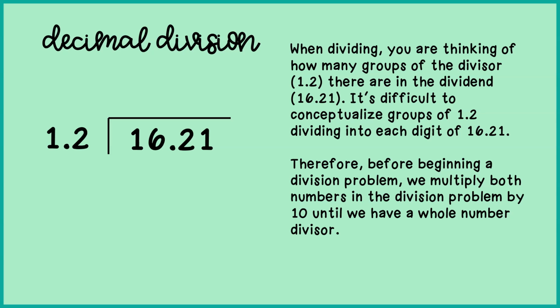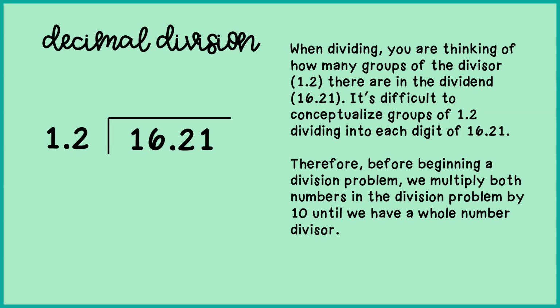Now I do have 2 decimal numbers that I'm dividing. In the first example, I had 1,621 divided by 12. This time I have 16 and 21 hundredths divided by 1 and 2/10. When you're dividing, you would be doing how many groups of 1 and 2/10 are there in 16?